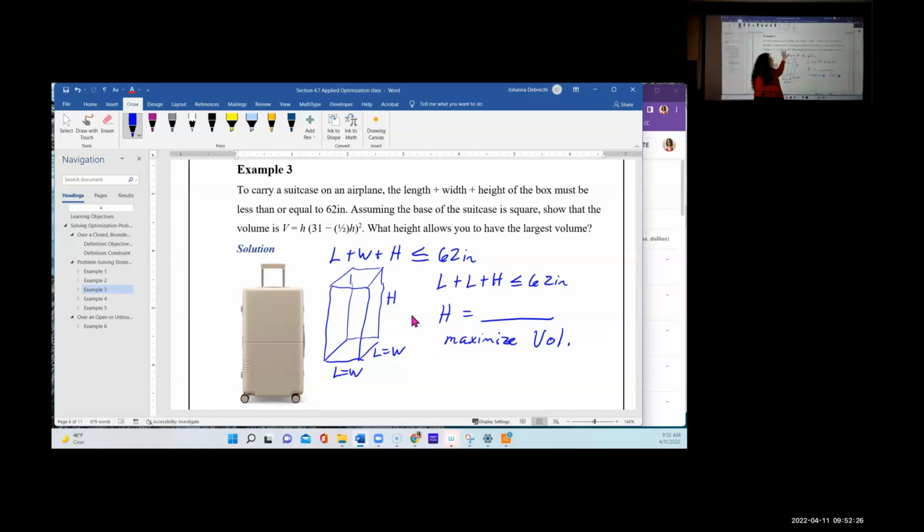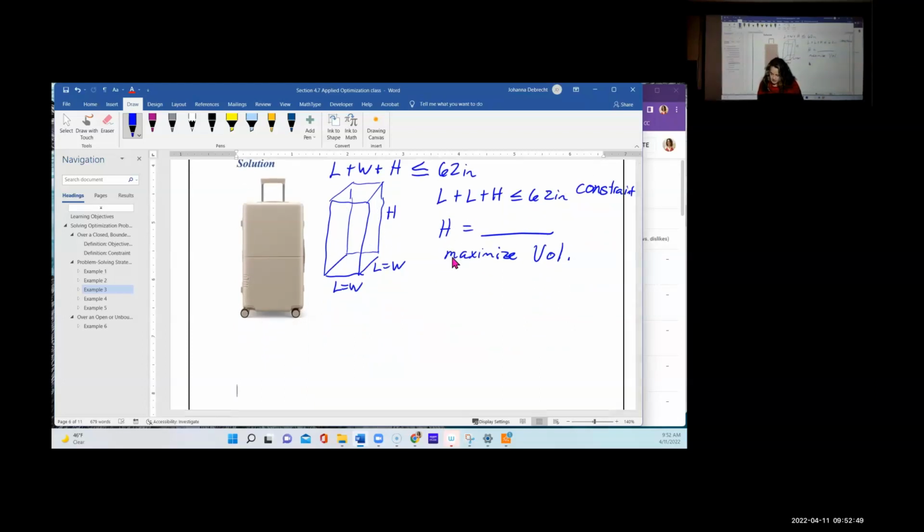And I want it only in terms of H. Well, I could use this equation right here to get something for L. So I'm going to use my constraint, which is right here, to get something for L.